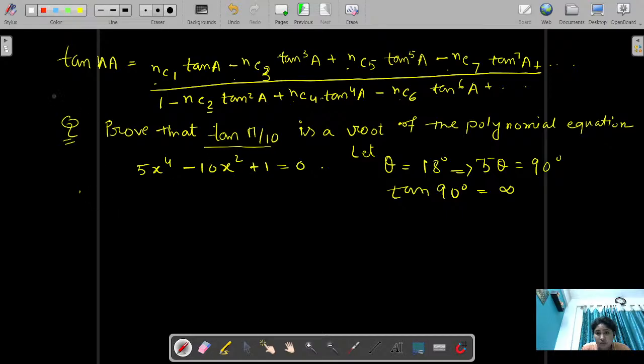So then, according to this formula, what is the formula? Tan nA. So put 5 here. If I put 5, then what will I get?